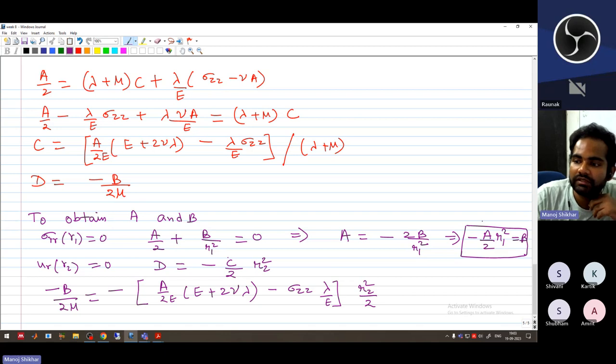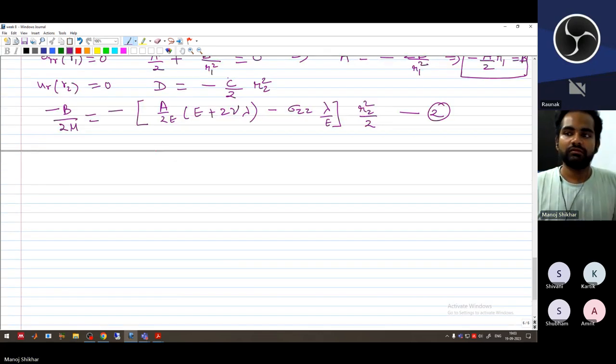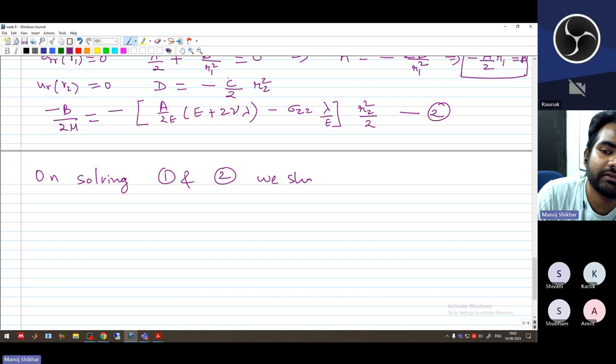So this is one of the equations between A and B. This is another equation from A and B. So if we solve these two equations, on solving 1 and 2, we shall get A and B.